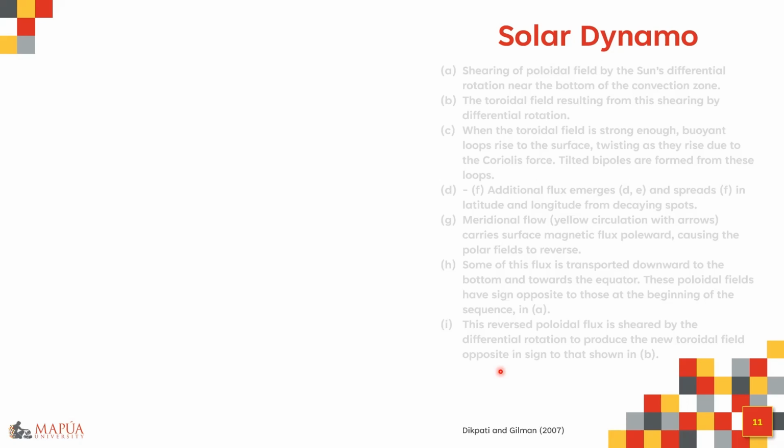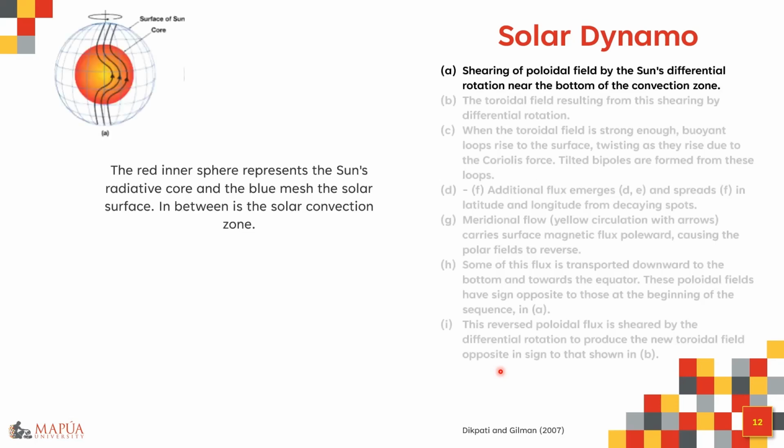Okay, so one important thing that we have to know here is that the sun's surface is actually rotating at different rates at different latitudes. So we call that your differential rotation. In fact, at the equator, the sun is moving faster than the components of the sun near the poles.